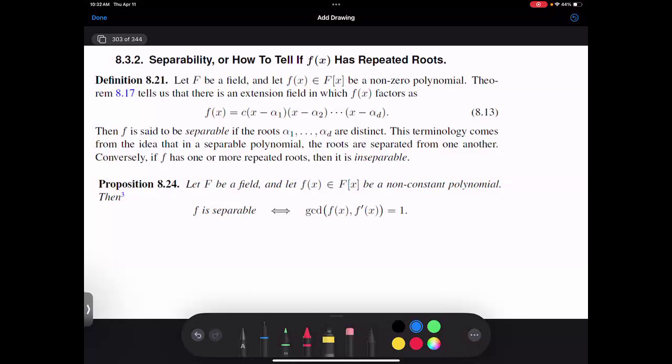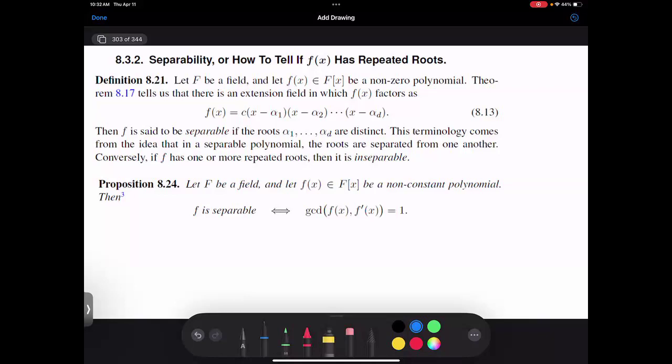And the big result is if you have a field and a non-constant polynomial, then f is separable if and only if the greatest common divisor of the polynomials f of x and f prime of x equals 1. Now, when you think about this, if you're me, you're happy because now we're doing analysis and not algebra. I love analysis. I love derivatives.